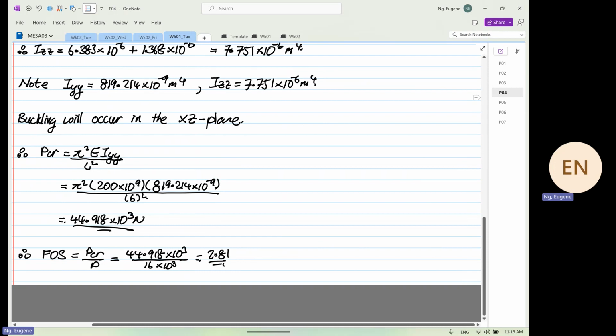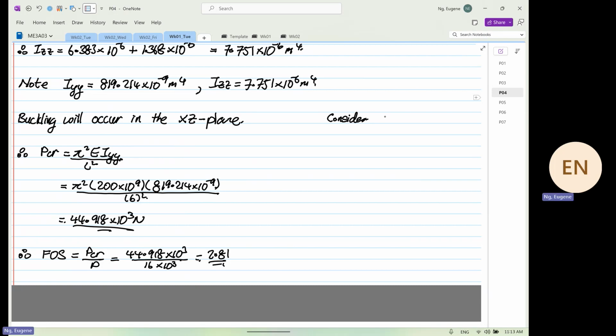Now, if we were to consider the other plane, the XY plane, the P critical will be equal to pi squared times 200 times 10 to the power 9 multiplied by 7.751 times 10 to the power minus 6, and then we divide the whole thing by 6 squared.